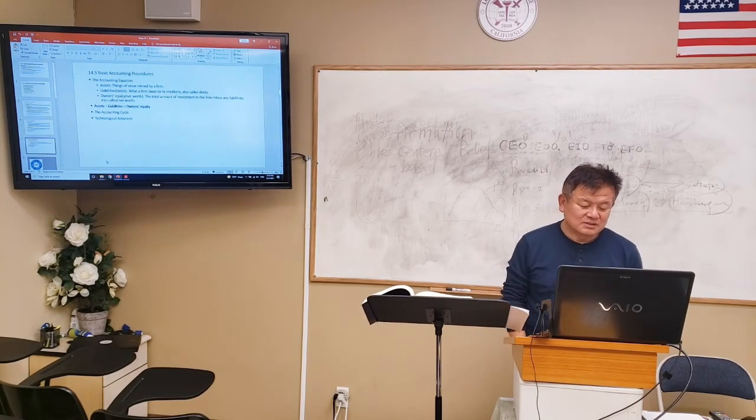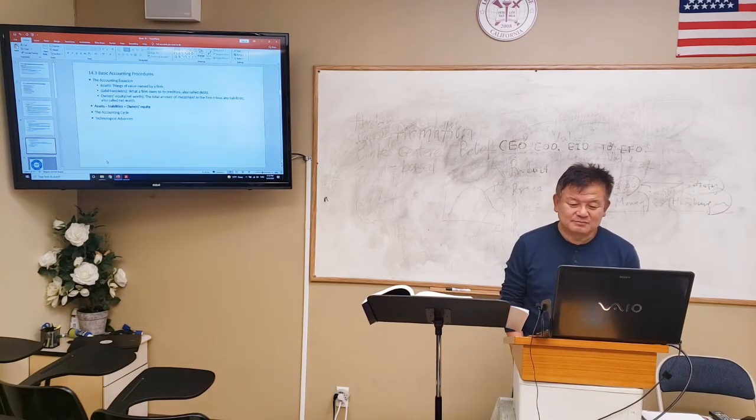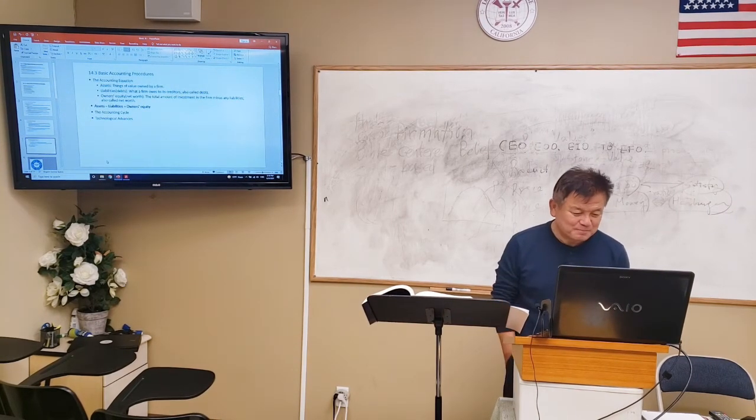And owner's equity means net worth: the total amount of investment in the firm minus any kind of liabilities. So asset minus debts equals net worth. That's it. This is accounting.